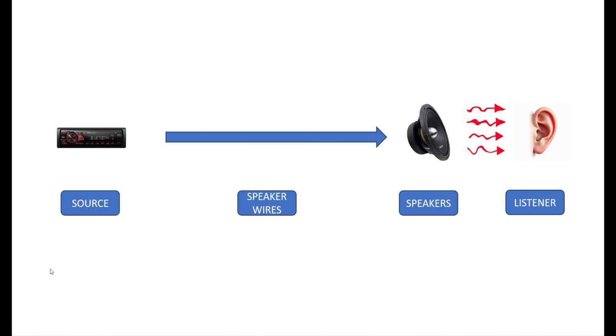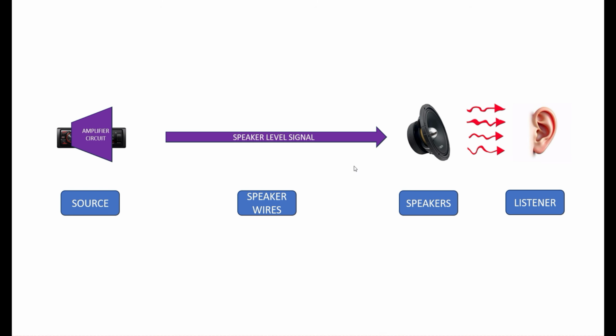Well, no, that's not really the way it works, because in this system the line level signal is still being amplified, but the amplifier is built into the car's head unit. So the line signal is both being generated and amplified in the head unit, and then it's being sent out as a high voltage signal called a speaker level signal.